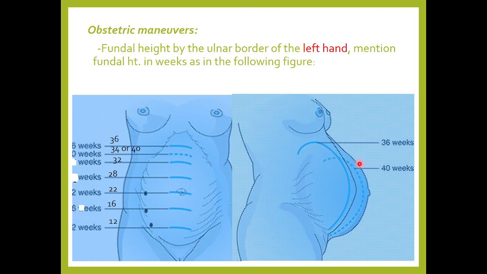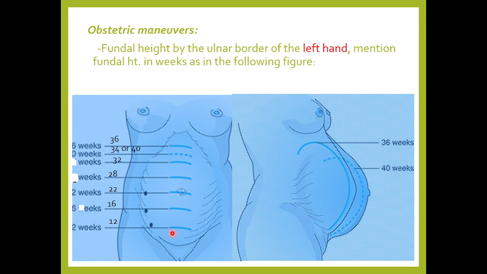So we see that 40 weeks gestation can be lower than 36. Concentrate on these numbers. They are even numbers, not odd numbers. You should not say 13, 15, okay? Only 12, 22, 36, and so on. And these are fixed by palpation.